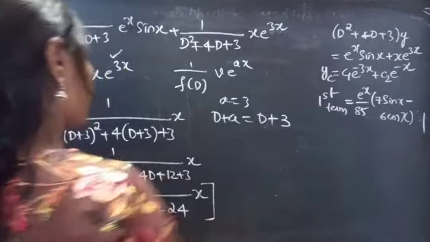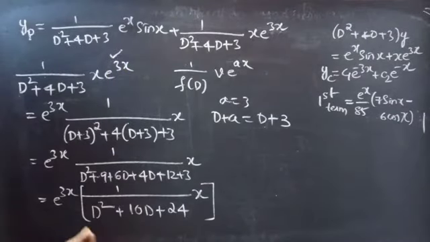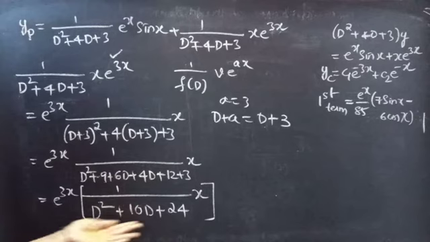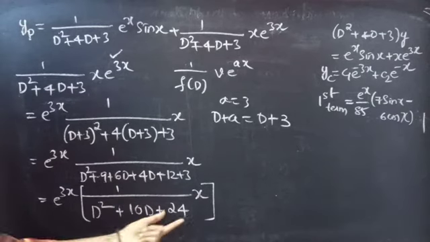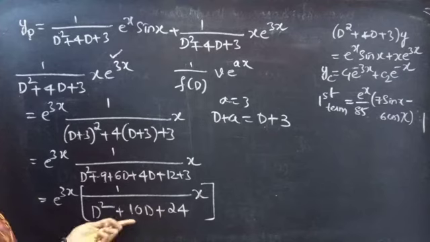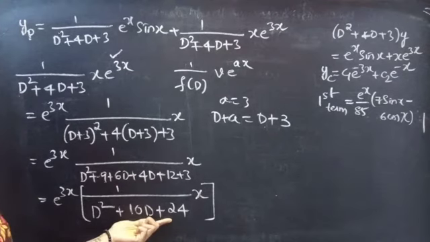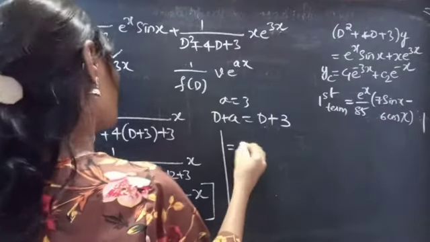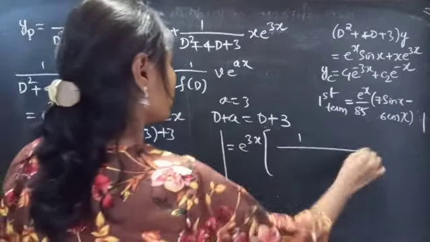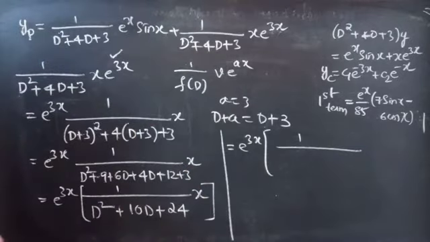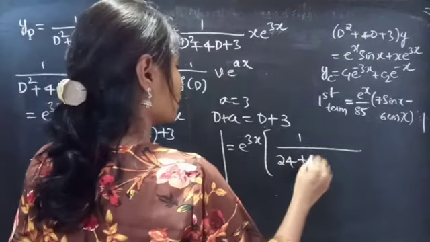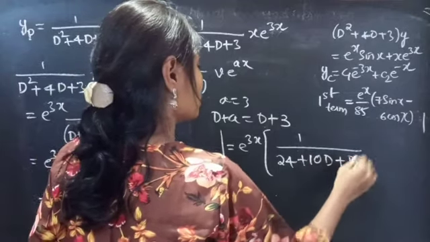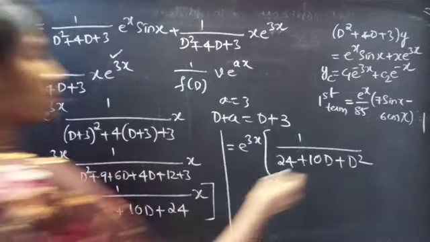Now what we'll do is, here the denominator is in descending order form. So we'll write this in ascending form, and later we'll take the lowest degree term common from all these three terms. It is equals to e power 3x into 1 by, I'm going to write the denominator in ascending form, 24 plus 10d plus d square into x.